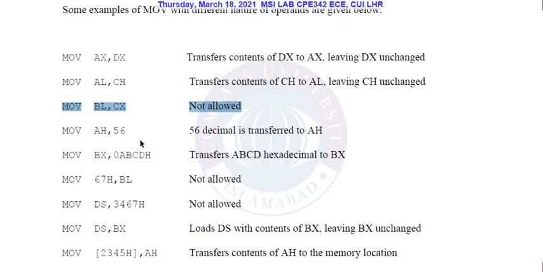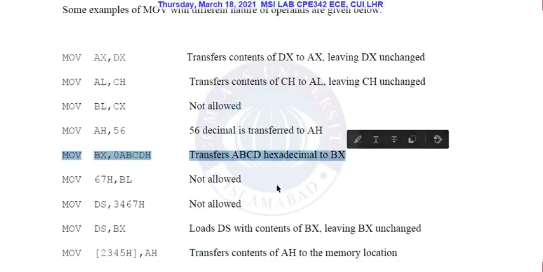The next command is MOV BX, 0ABCDH. By simulating this command, you can see that the value 0ABCDH will be moved to the BX register.